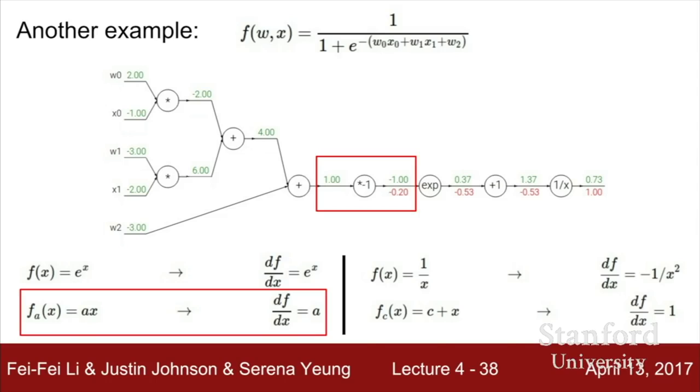It's going to be minus 1, exactly. Our local gradient says df over dx is a, and the value of a that we scaled x by is negative 1 here. So the gradient is negative 1 times negative 0.2, and so our gradient is 0.2.